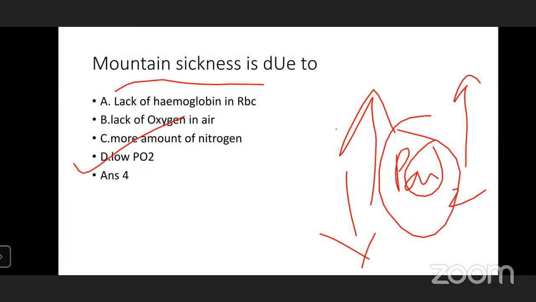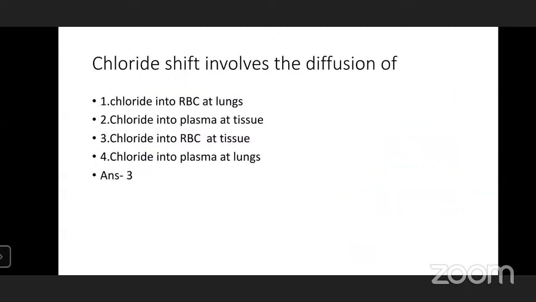And those people who are already living in that mountain region or in the higher altitude regions, their body is already acclimatized, and they already have more RBC and more hemoglobin, so that they can carry more and more oxygen to the different parts of the body, and they'll not feel the mountain sickness. Next question.